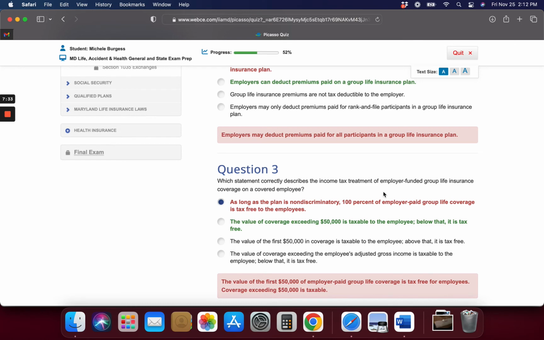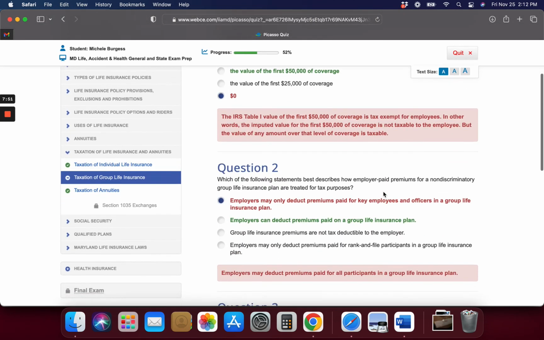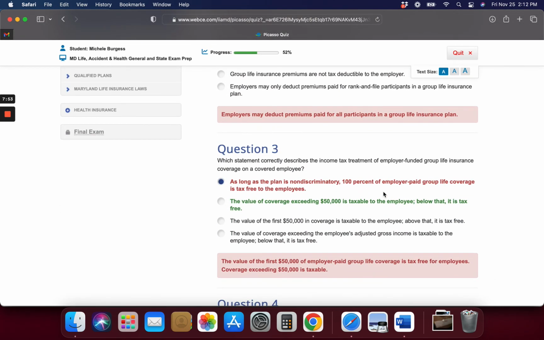Coverage exceeding $50,000 is taxable. So apparently they got the same question in here twice, which they may do on the test. They may put almost the same question in there twice and word it a little differently. Because this is just like the one up above. It's just worded a little differently. The value of the first $50,000 of coverage is tax-free.